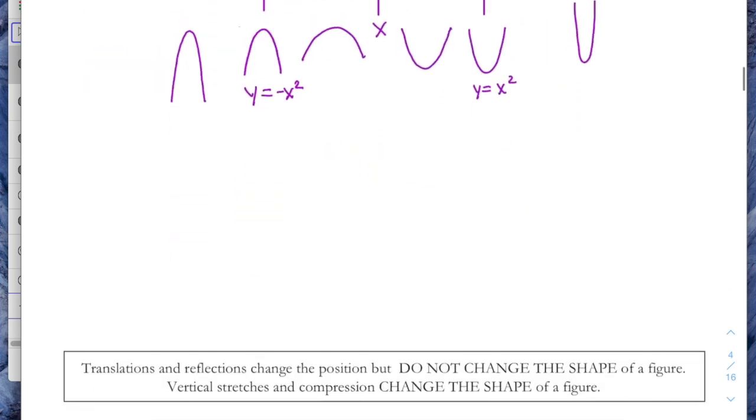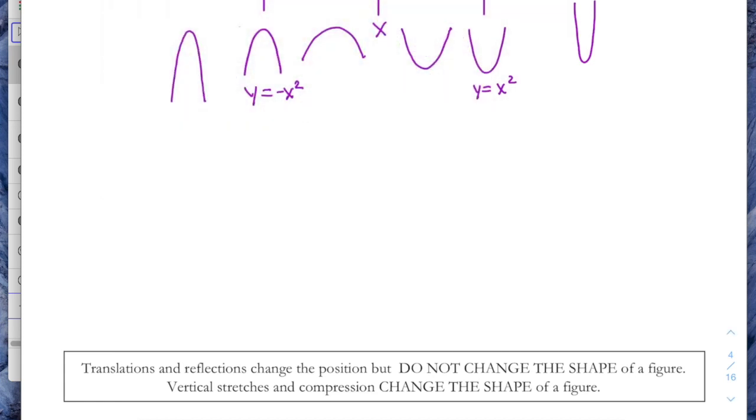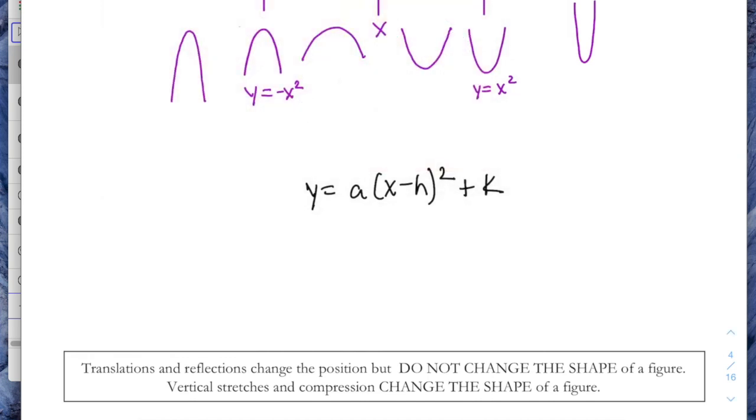Now, let's just summarize them down here by naming them. So let's remember that we have y equals a(x minus h) squared plus k. And I will do the vertical parameters in red. So our vertical parameters are these two. We have A, and A is responsible for a vertical reflection if it's negative.